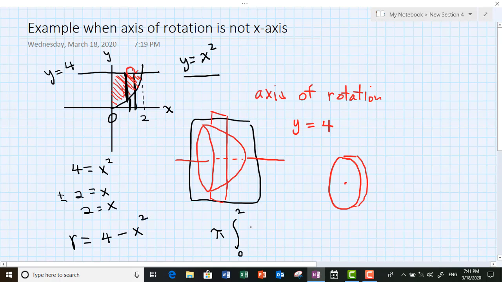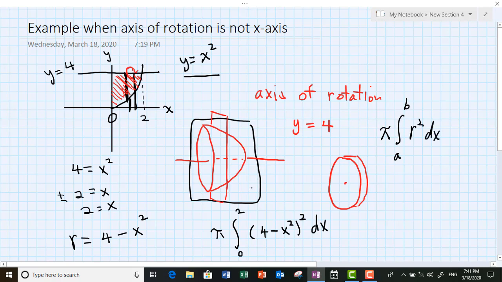Okay? So it's going to be the quantity 4 minus x squared, and again, what is our height? That's dx. Again, we're using the formula pi integral from a to b, r squared dx.